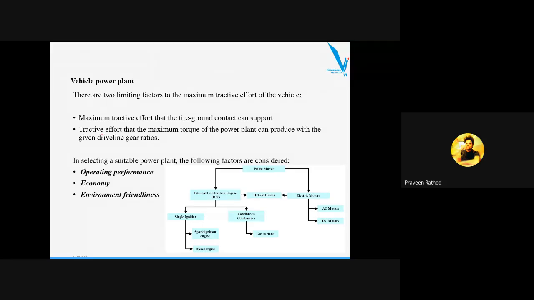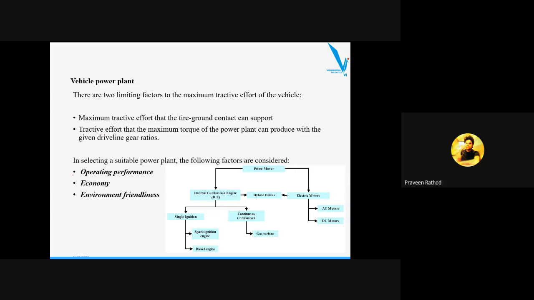So we will compare the different graphs, which are considered in the case of an internal combustion engine and which are considered in the case of a motor. In selecting a suitable power plant, the following factors are considered.